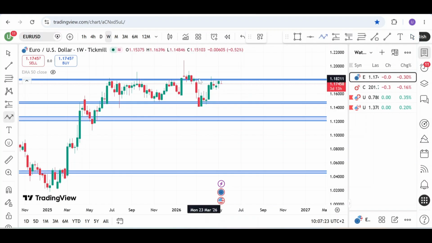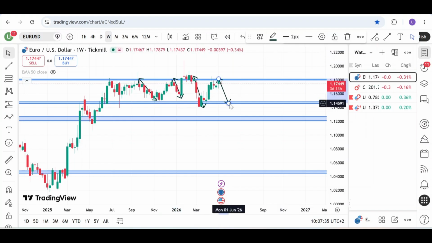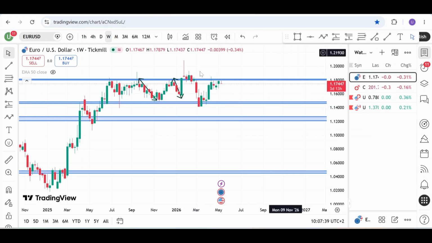Whenever the price was here, it returned back down here. So again, I can expect the price to return back down here again.